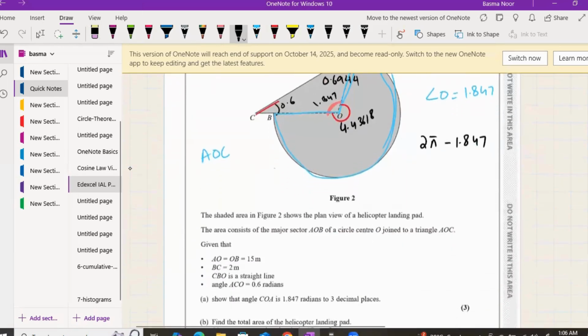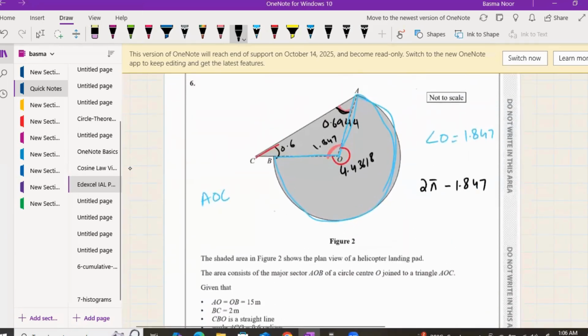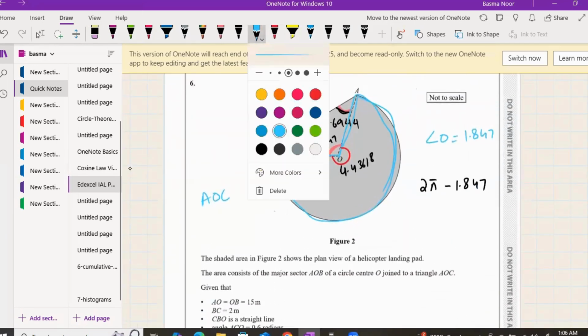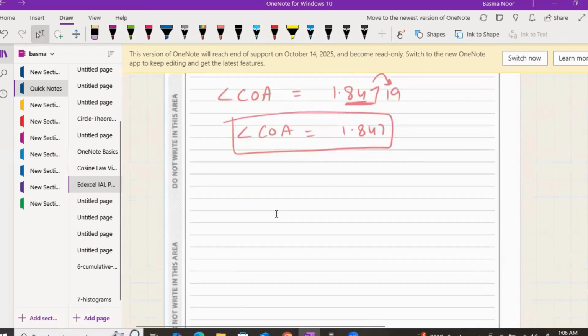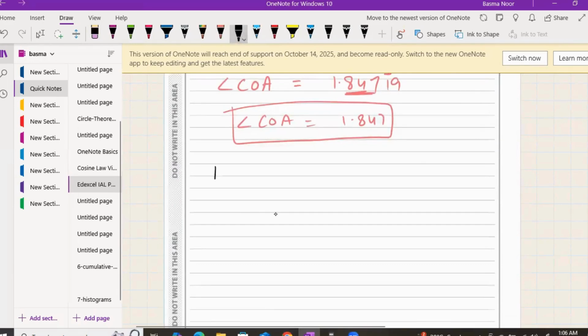Now let me write the formula for the area of the sector. This whole thing is a major sector of a circle, and we already know the formula. Area of a sector of a circle is half r squared theta.